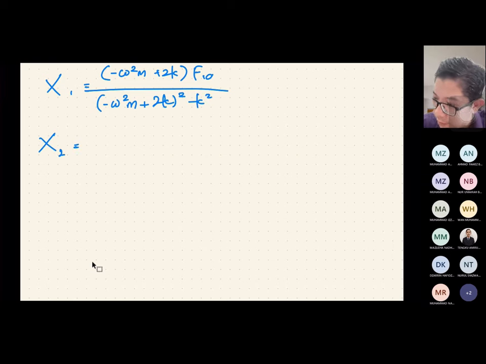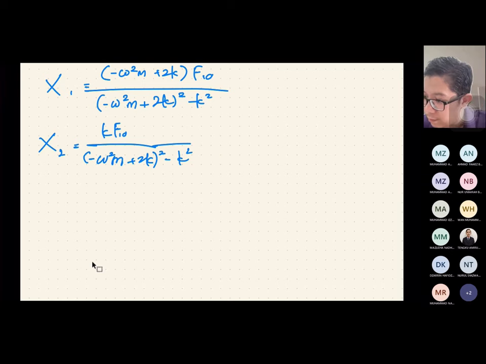And the one x2 is k f10 over negative omega squared m plus 2k squared minus k squared. Sama. Okay, so once we have the x, okay, so once we have the x, so we can just put into the response equation.